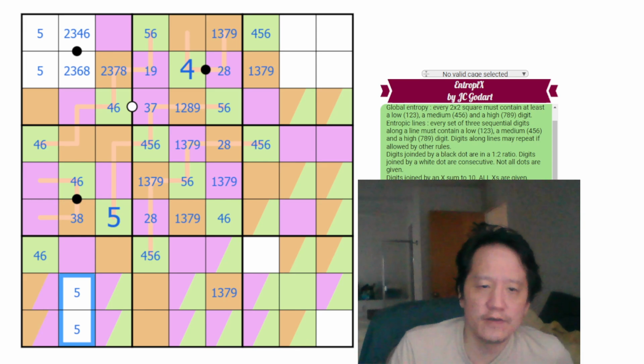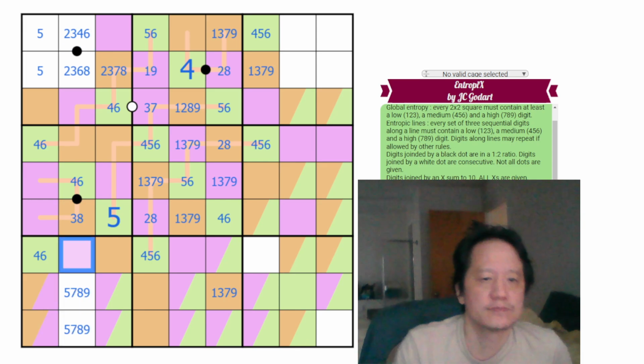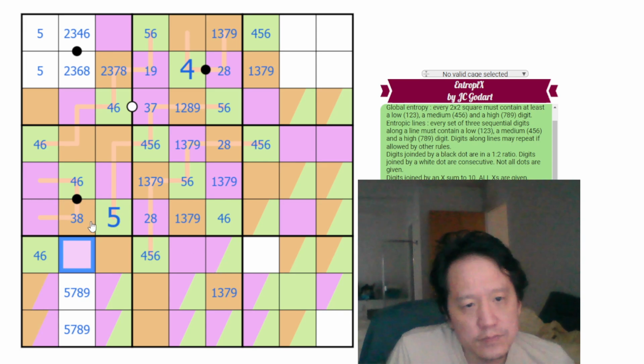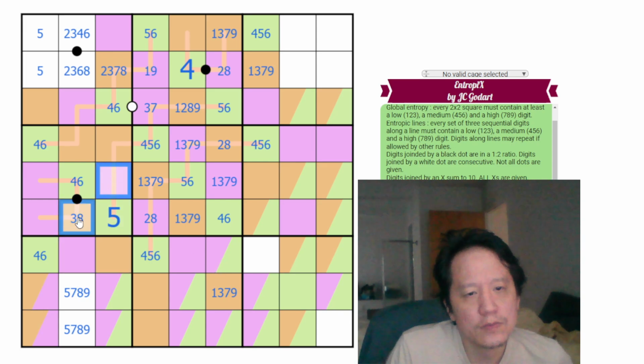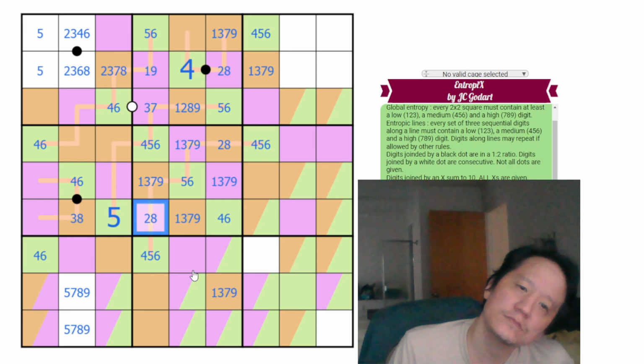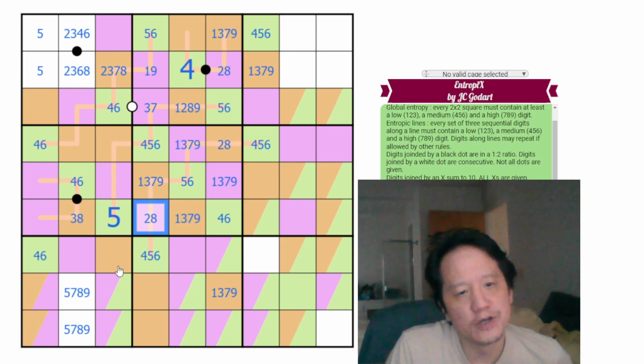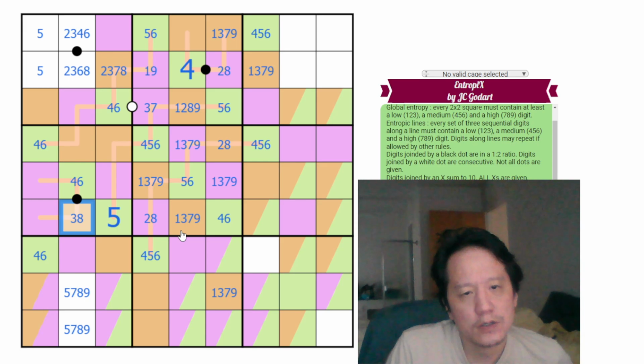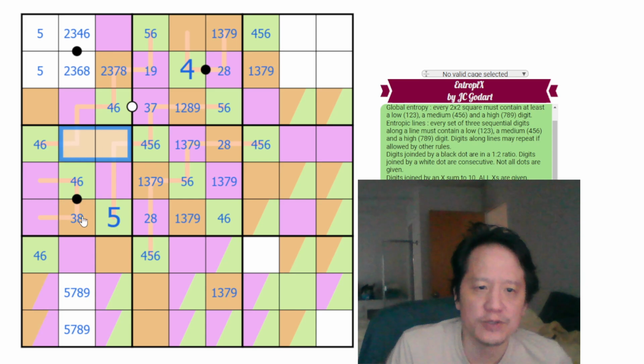So this is 5 with 7, 8, and 9. Oh, interesting. Okay. One problem. If this is 3, this would have to be 2. But the problem is the 2 would also have to be there. So this cannot be 3.